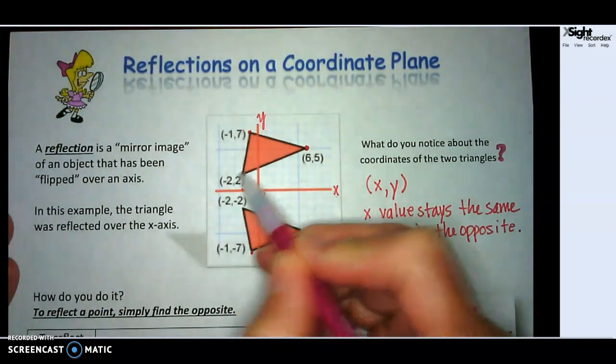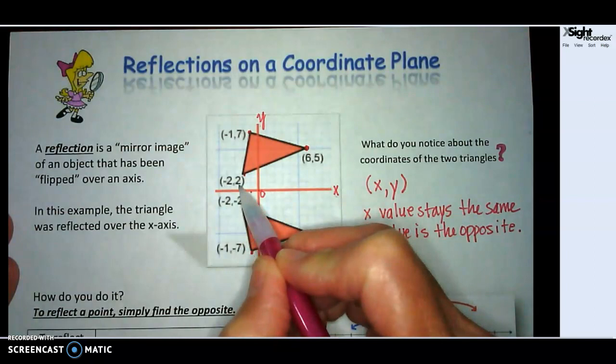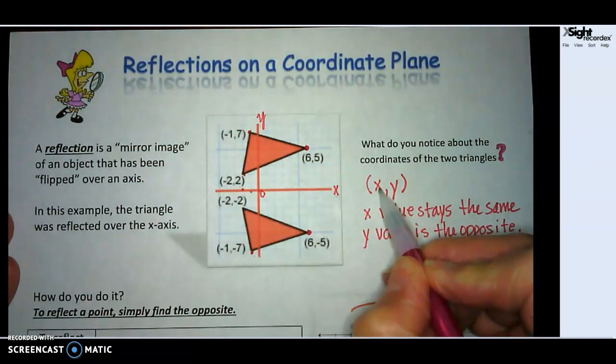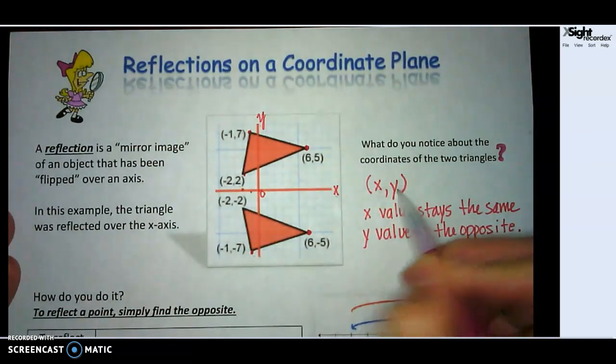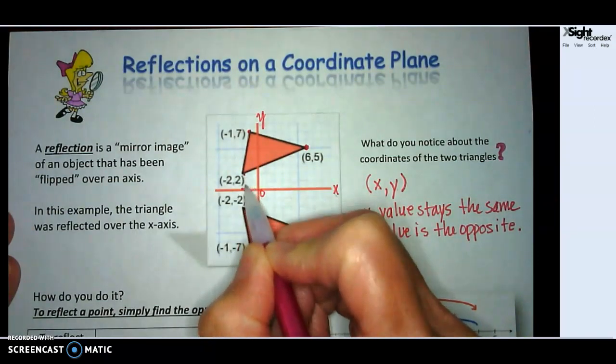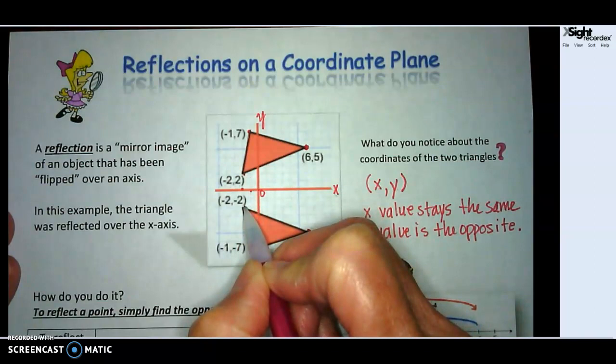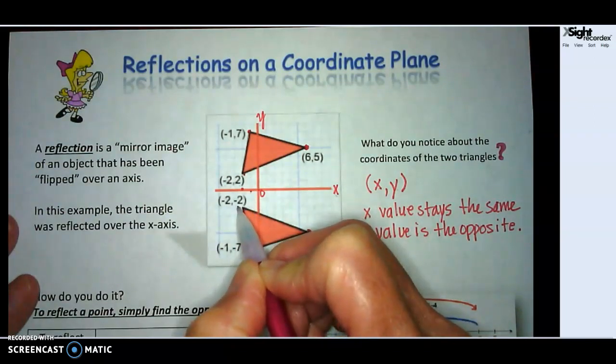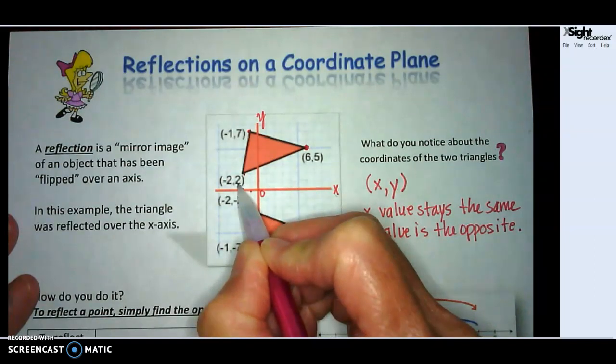This particular point is (-2, 2), and we know that the x value always comes first, then the y value. So (-2, 2). When this point is crossed over the x-axis, the y value becomes the opposite of the original.